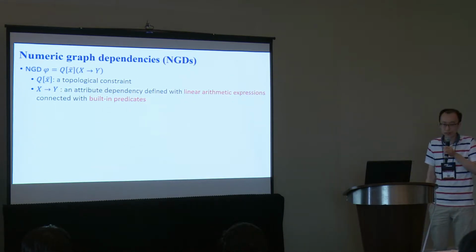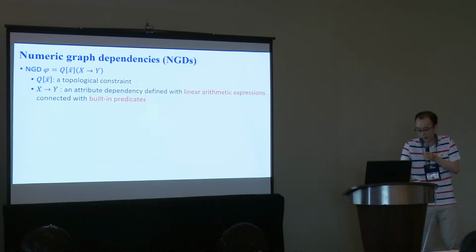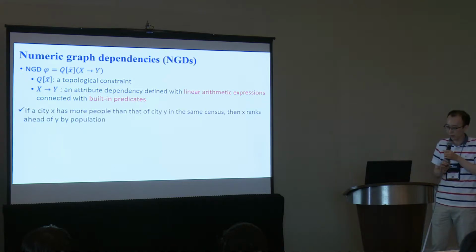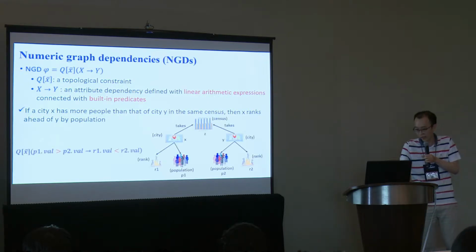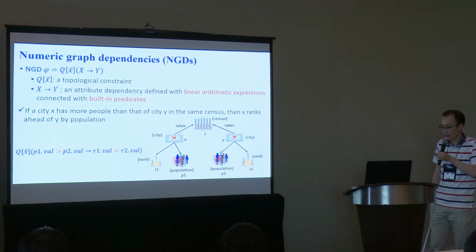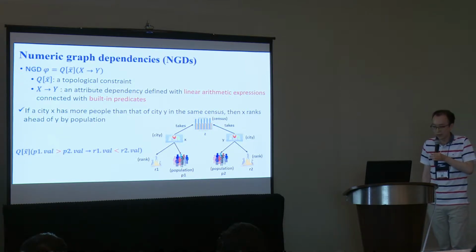Having defined the NGDs, let's look at some real-life examples. Suppose we want to state that if a city X has more people than another city Y in the same population census, then X should rank ahead of Y in terms of population. Then a simple NGD suffices. It uses a tree-structured pattern to identify the cities and the census.